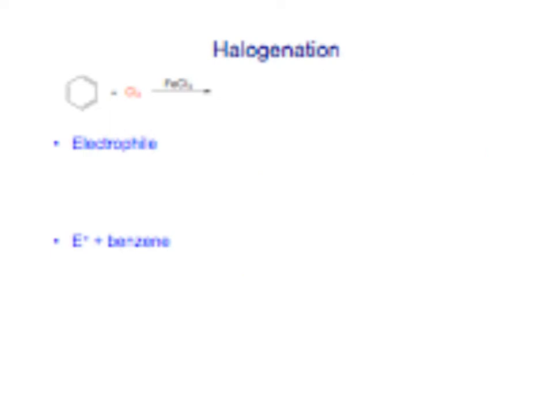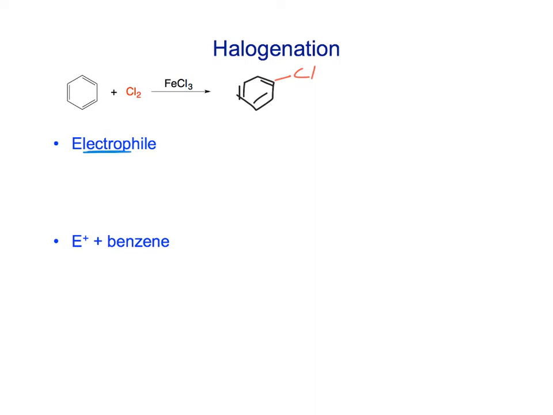So let's start out with the halogenation. Okay, so we already talked about how we're going to form this product like this. We're going to have this chlorine attached. Okay, so the first part is to generate the electrophile.